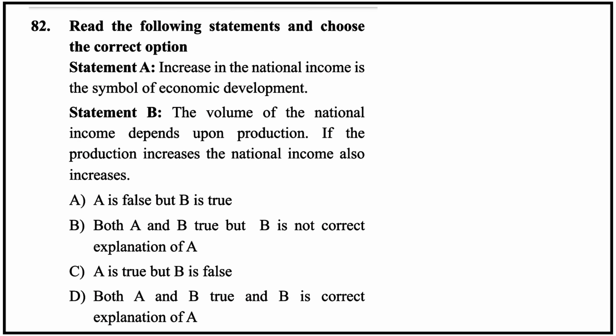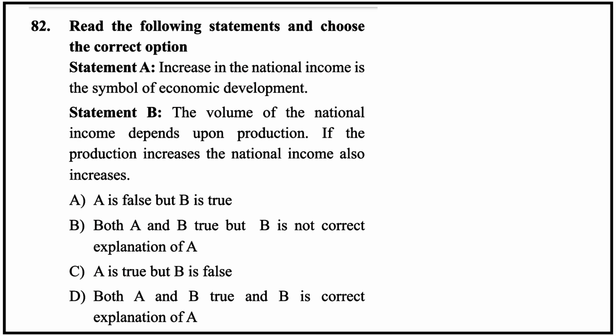Our options are A. A is false but B is true. B. Both A and B are true but B is not a correct explanation of A. Option C. A is true but B is false. Option D. Both A and B true and B is correct explanation of A.